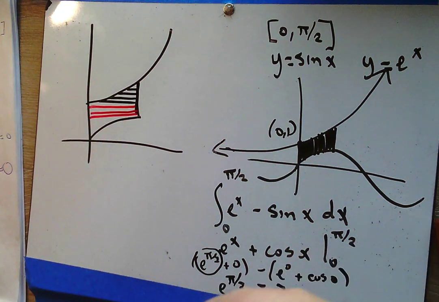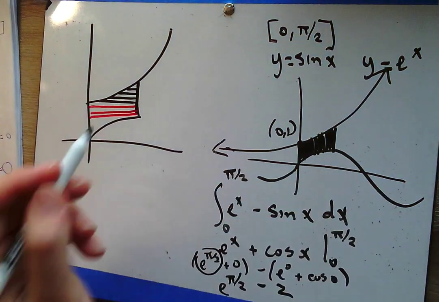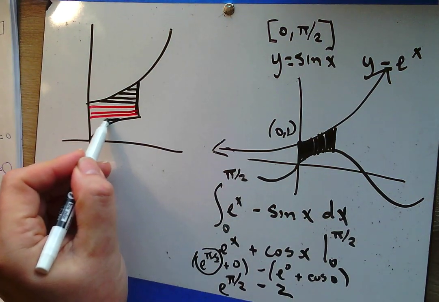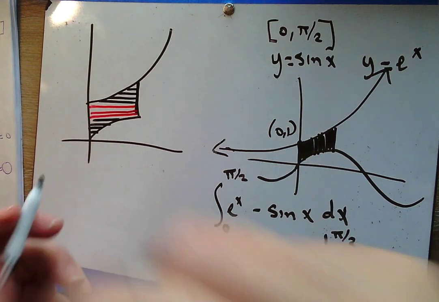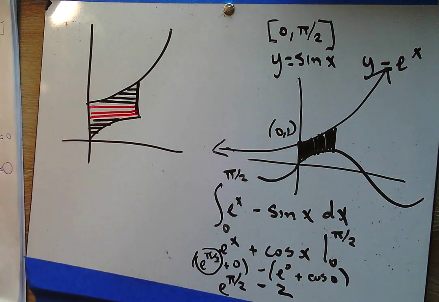But then my right function, or my right curve, changes, and my left stays the same. So I would need 3 different integrals to do this as right minus left.